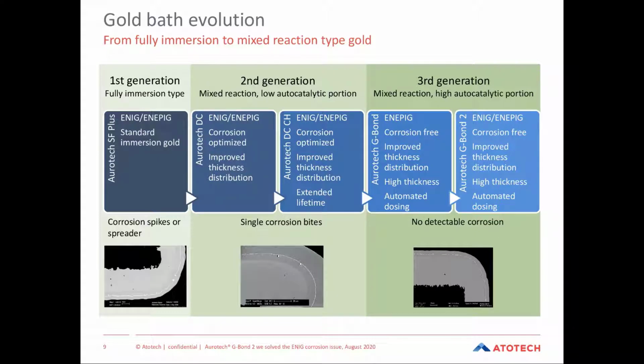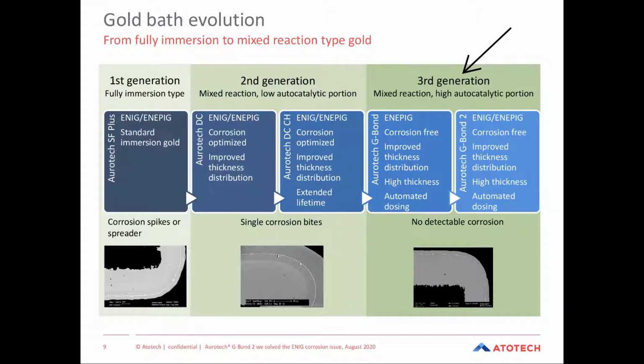And now what we talk about is the third generation of gold bases, where we have a higher autocatalytic portion. We have different reducing agents inside, which take over the major part of the deposit reaction. We have had the Aurotech G-Bond for ENEPIG plating in the market for a couple of years, which already provides a corrosion-free finish for ENEPIG.